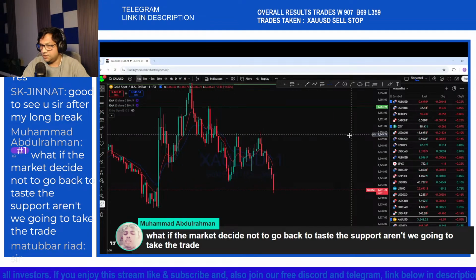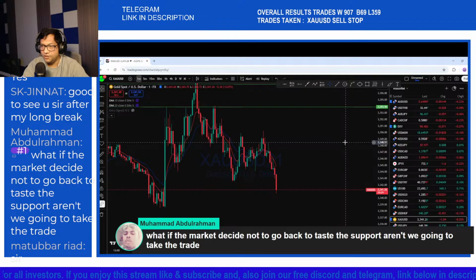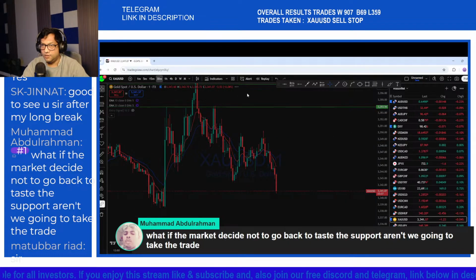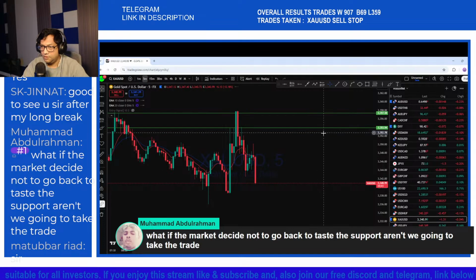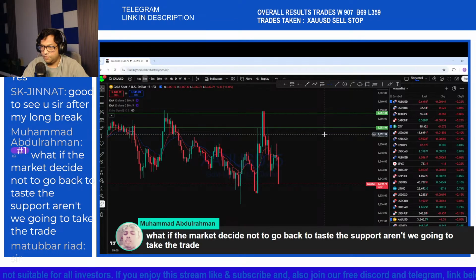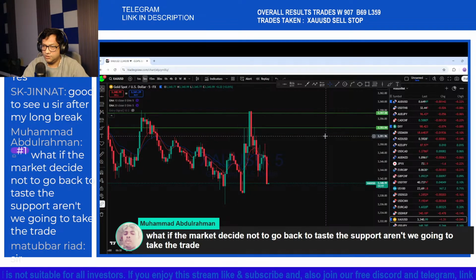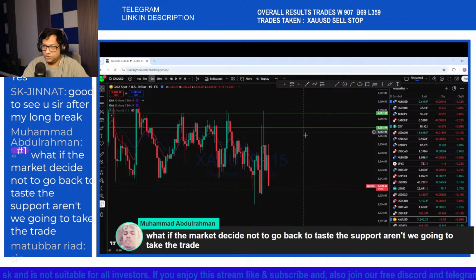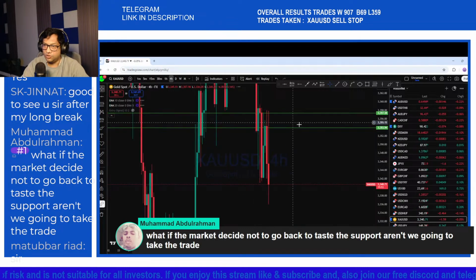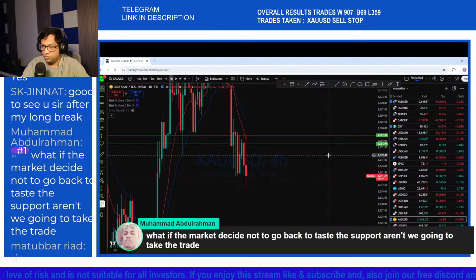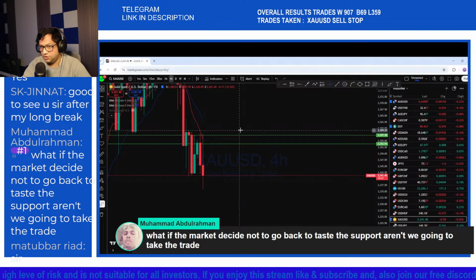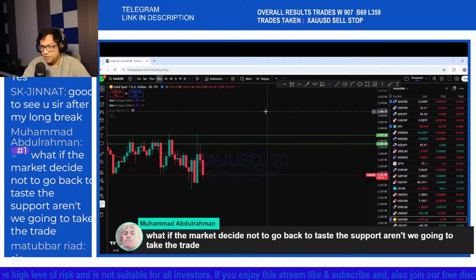So you see that downtrend continuation here, and that is where the market is creating the structure. It's a trend continuation back below again to the support level on the lower time frame, which is bearish.